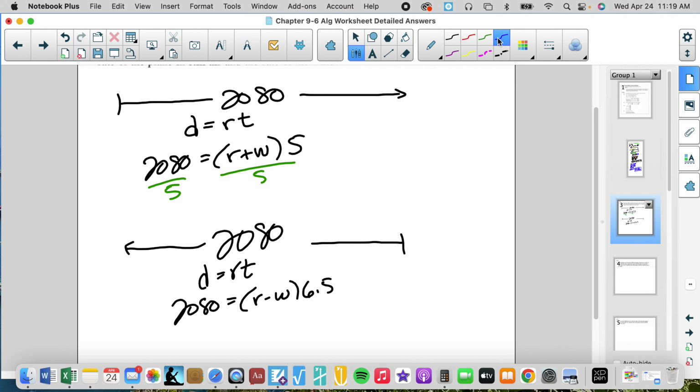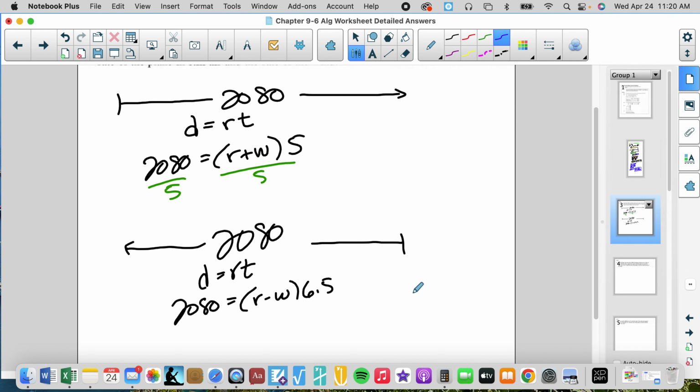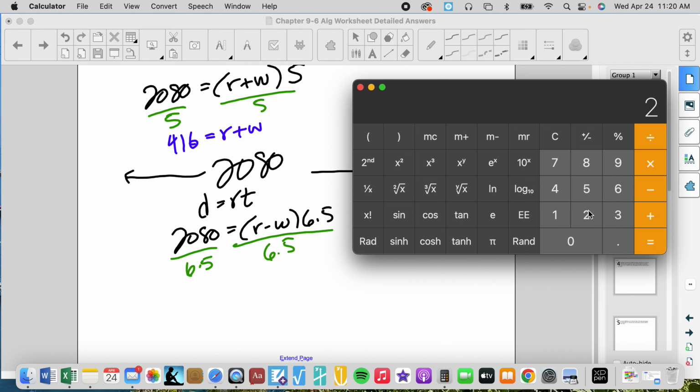I know. So 2080 divided by 5 is 416. So we get 416 equals R plus W. And then we'll see if this divides cleanly. 2080 divided by 6.5 is 320.